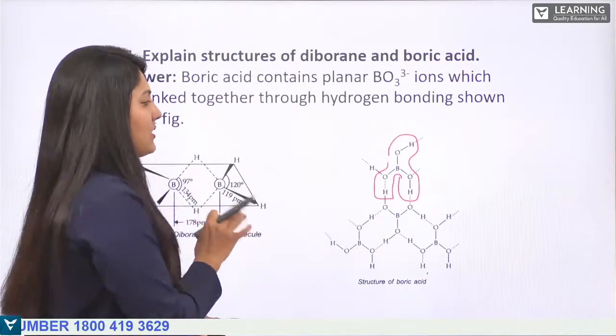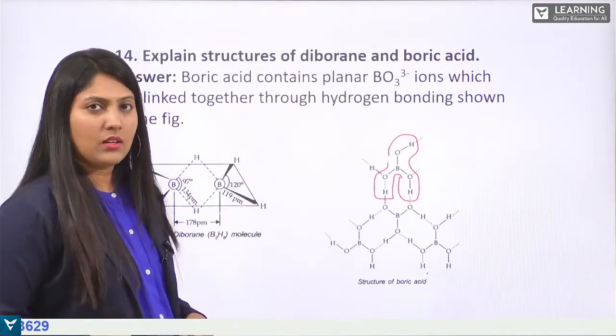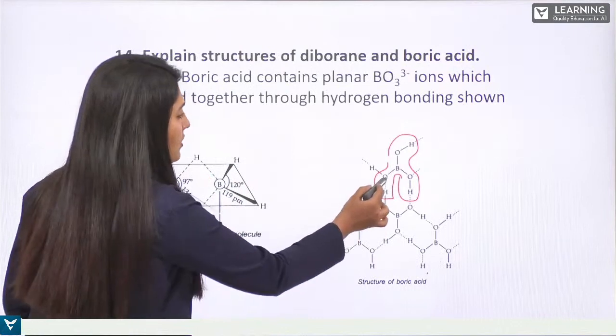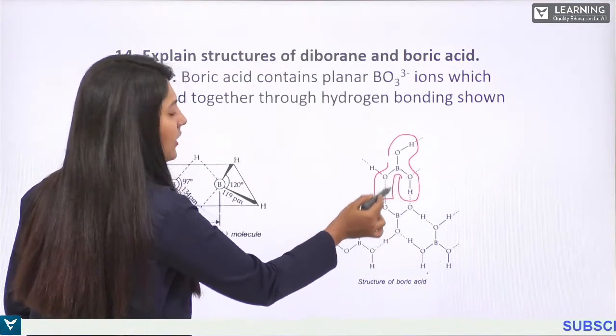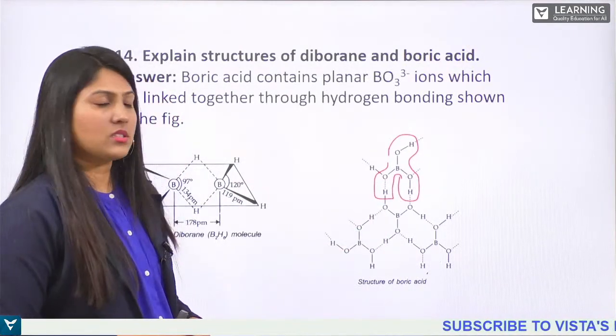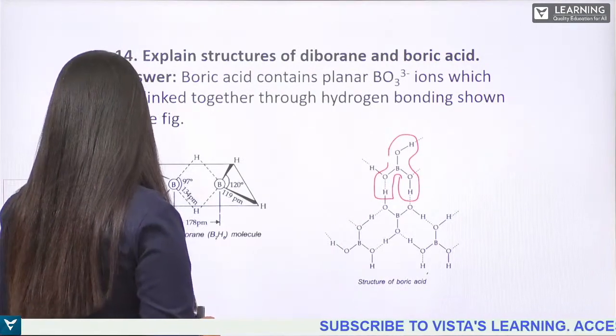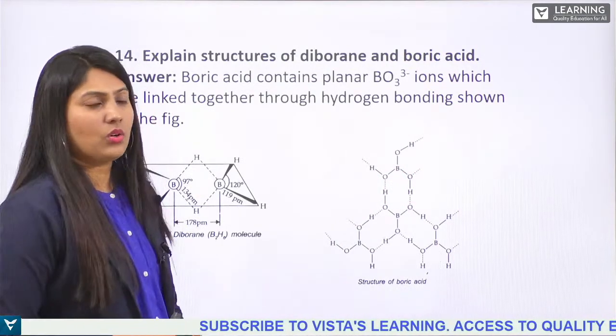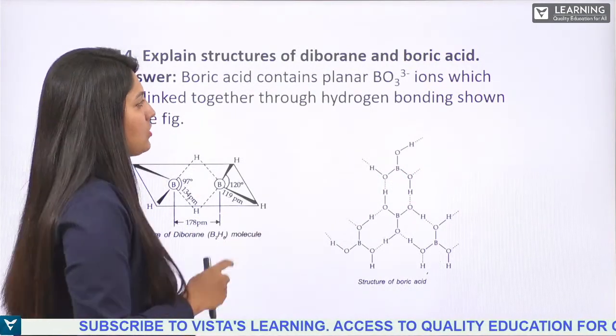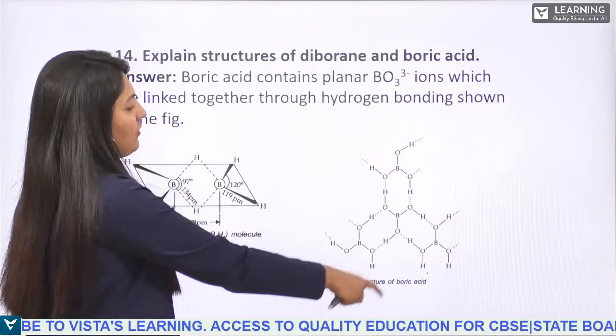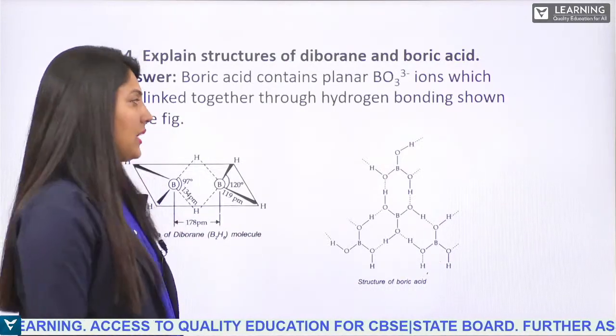So one boric acid will be combined with the other by hydrogen bonding. They have hydrogen bonding with other hydrogen and oxygen atoms, which leads to the formation of this structure. So due to hydrogen bonding, we have this structure of boric acid.